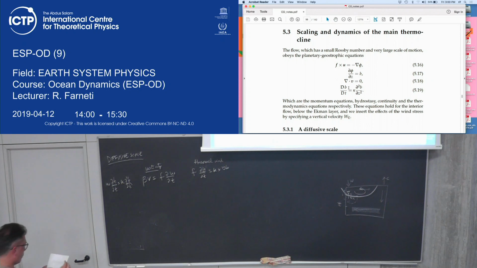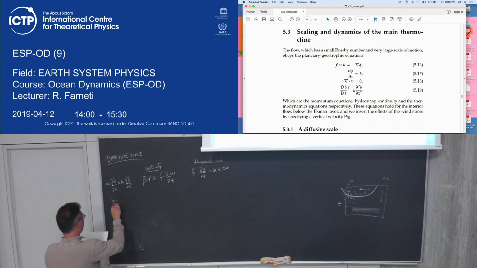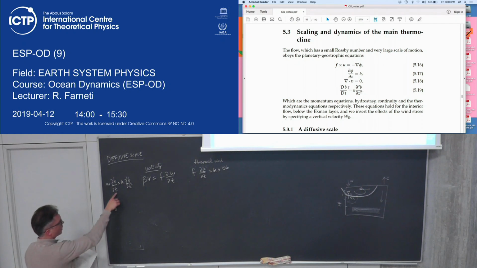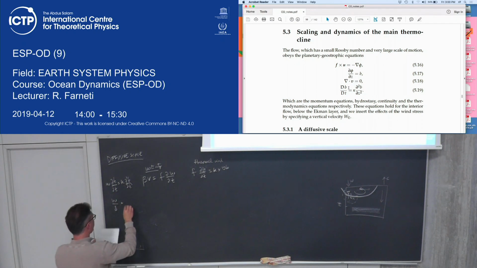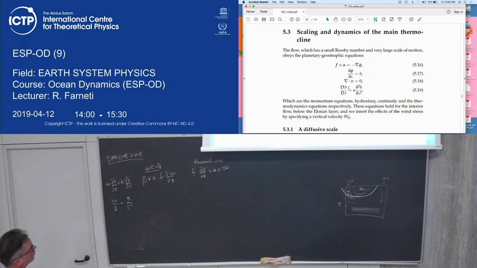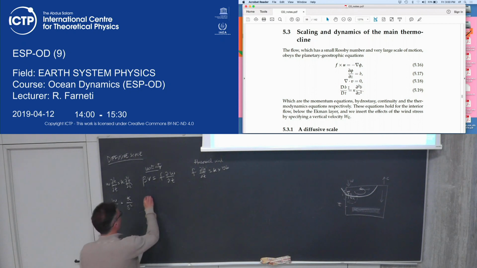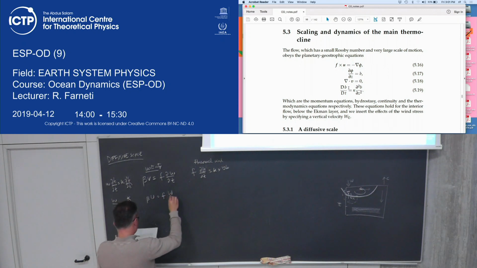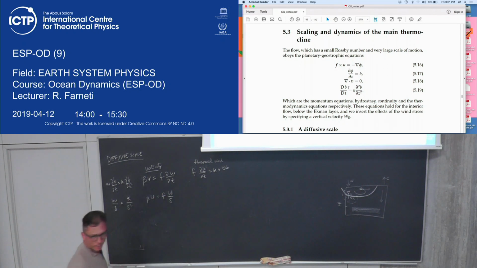So if you do the scaling of all this, you get a W over some delta, this H that now we're going to call delta, equal to kappa over delta squared. For the vorticity, you do a scale analysis, you get beta V, U and V are the same, so it's beta U equals F W over delta.